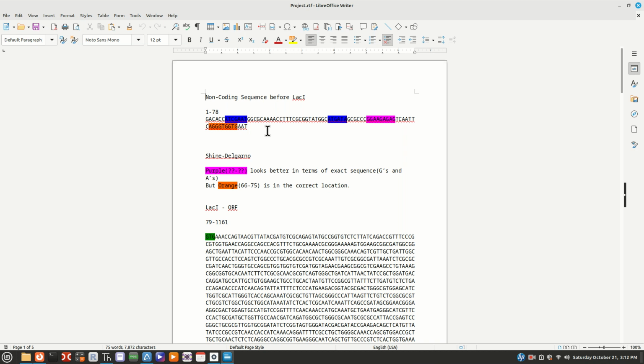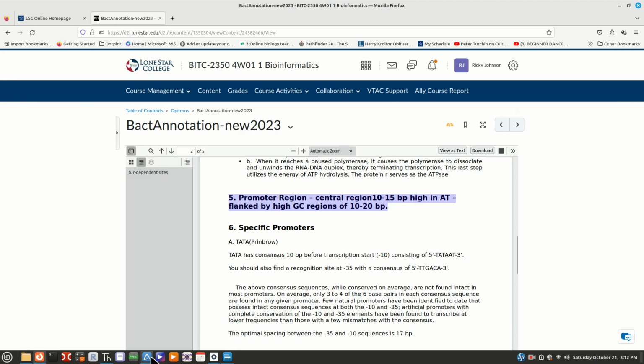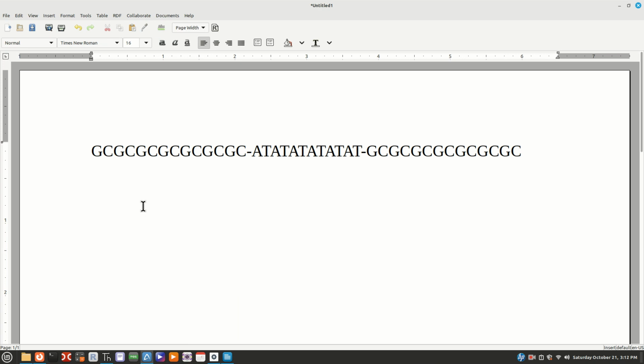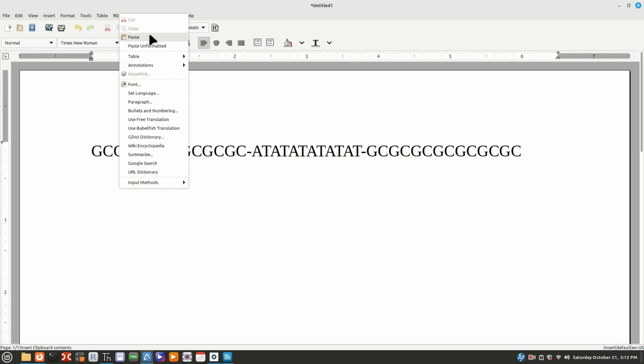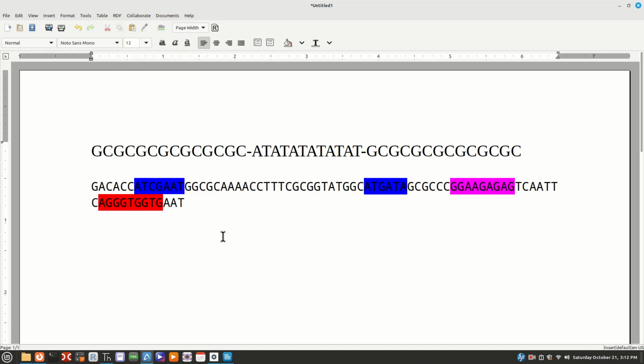Well, it's going to be near the start codon, so it's going to be somewhere in this piece right here. I'll grab and copy that real quick, and put it where we're working here. Let's paste it in here, and it did copy.